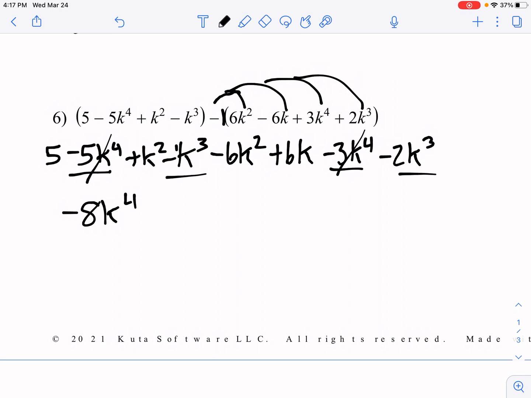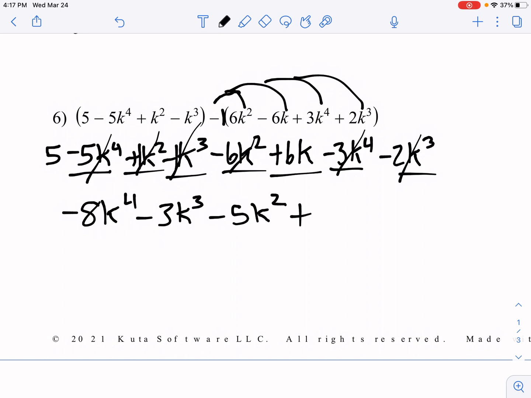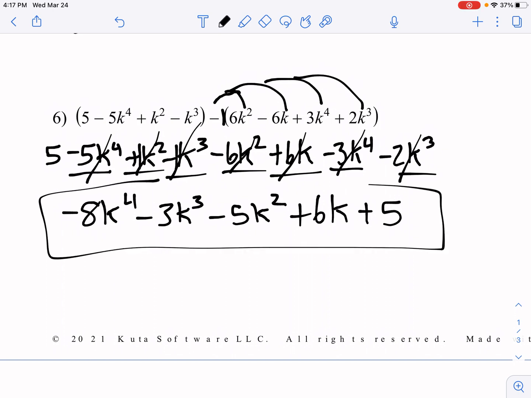And really this is a negative 1, so we'd have a negative 1 minus 2 is a negative 3k cubed, okay? And then the next highest power are my k squareds, and again this is like a 1, so 1 minus 6 is a negative 5k squared. And then we have k, just 1k plus 6k, and then we have our constant, which is 5, okay? So this would be our answer simplified.